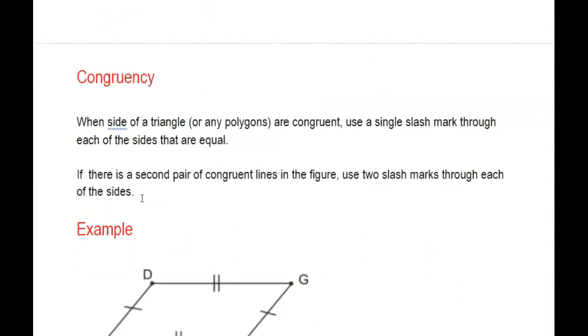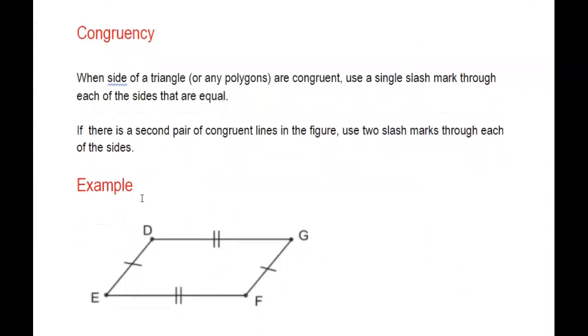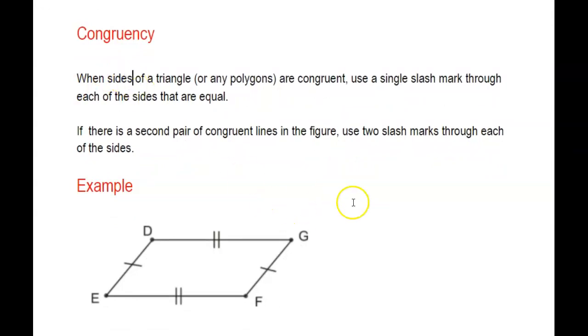Now, how is that different from congruent? Remember, congruent basically just means equal, right? So when sides of a triangle or any polygon are congruent, use a single slash mark through each of the sides that are equal. What does that mean? If you look at this example, I'm saying that the length DE is equal or congruent to the length FG.